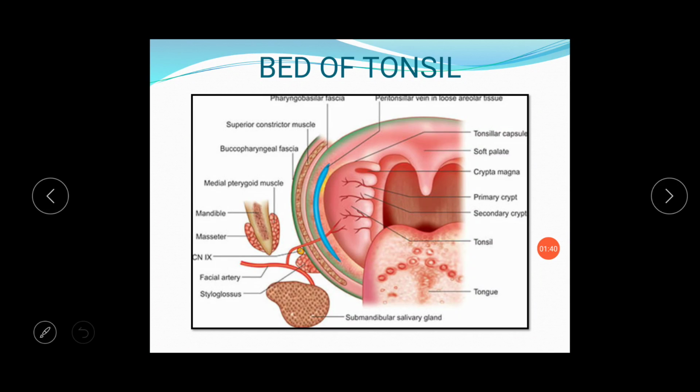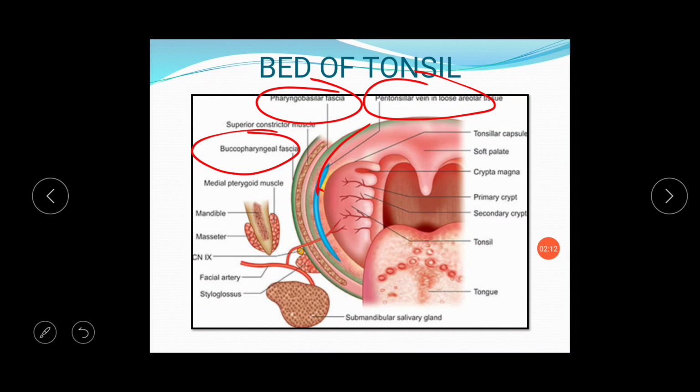Bed of the tonsil. The bed of the tonsil consists of the structures which are present on the lateral side of the tonsil. The tonsil usually consists of a capsule on its lateral side, followed by loose areolar tissue or some fatty tissue in which the peritonsillar vein runs, followed by the pharyngobasilar fascia and buccopharyngeal fascia, and in between is the superior constrictor muscle.